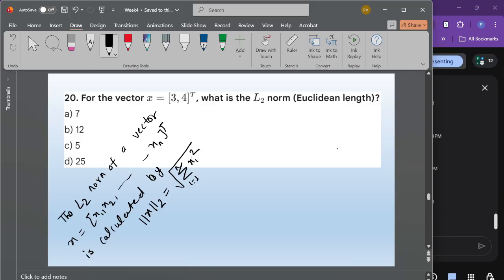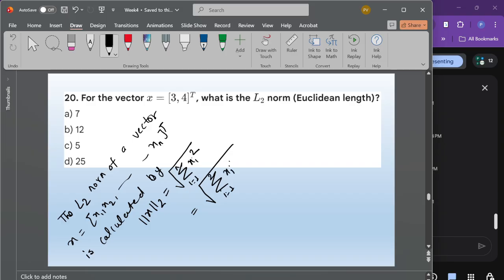So it is calculated by the square root of the sum of the squares of its components. Here, i is equal to 1 to 2, as only two components are given.